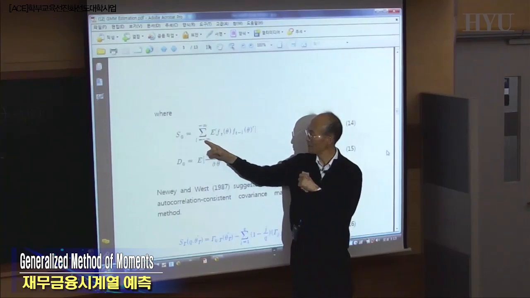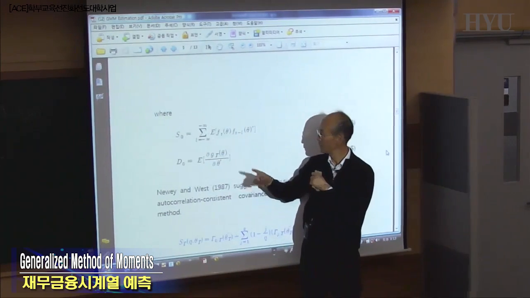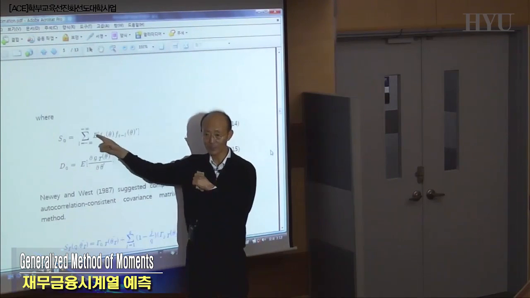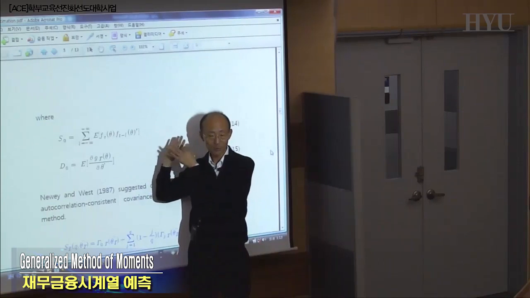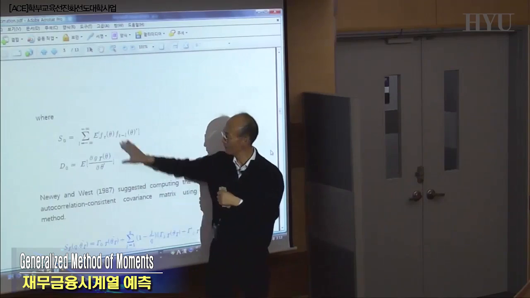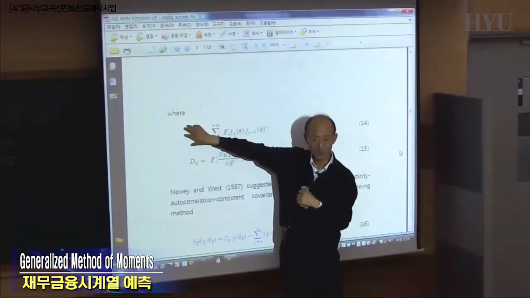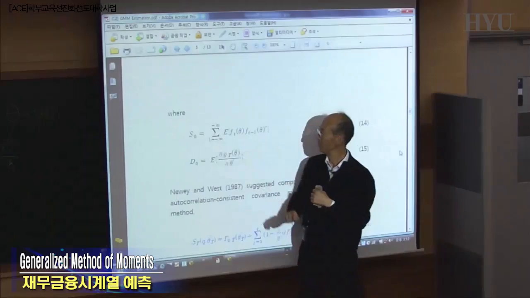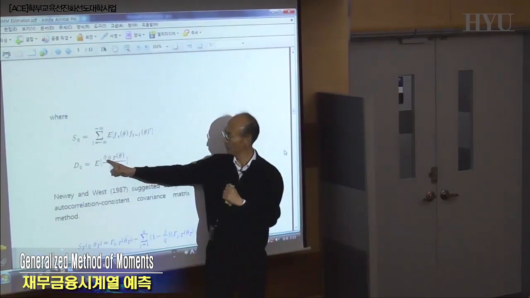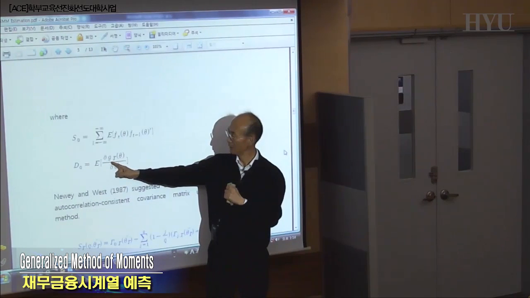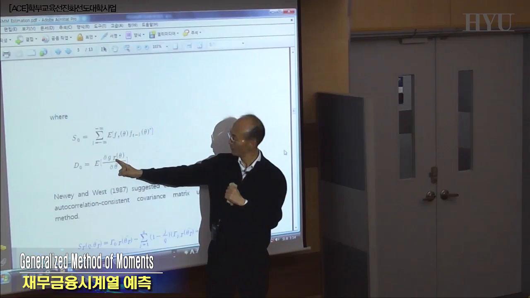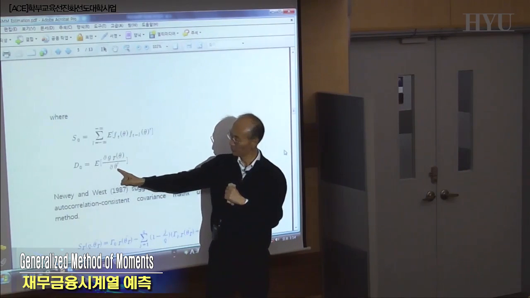If the error is t minus 1, that's covariance. The concept corresponds to covariance, right? So this is the autocovariance matrix. And D corresponds to the first derivative of the sample equivalent of the moment condition with respect to parameters.